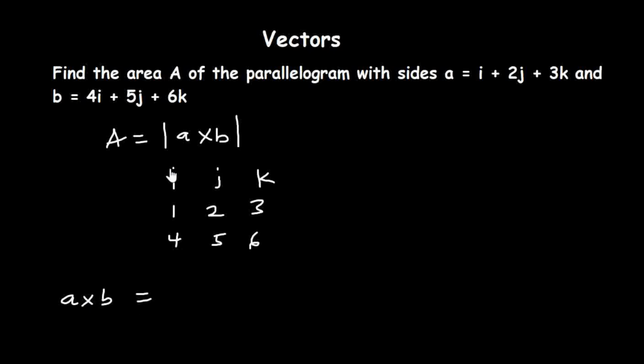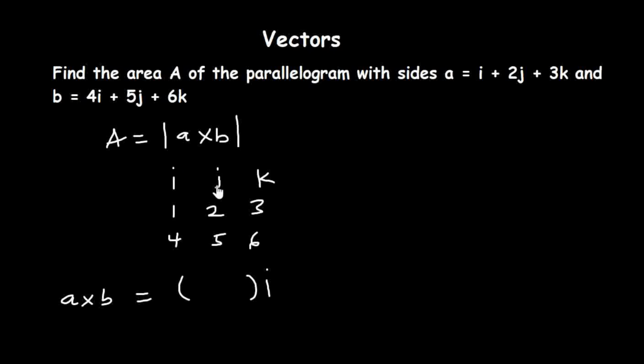When I take the first unit vector here, that will be this bracket multiplying this unit vector. So I'm taking this first column, and I'm going to ignore everything on this column.